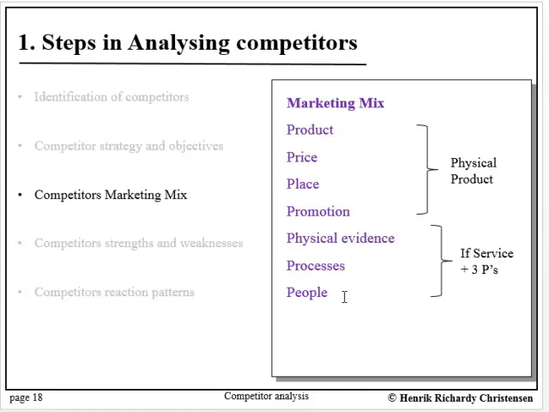And these 4 P's and 7 P's are important to investigate, because when we investigate what the competitors do with their product, with their price, with their place, with their promotion, with where they are placing themselves, the processes they use, the people they hire, the way they are organizing themselves, we get to know a lot about our competitors, and that knowledge can actually tell us something about the overall strategy that they are using.